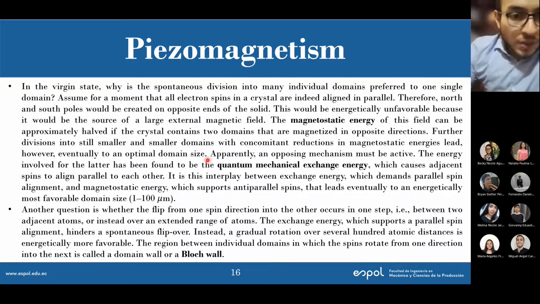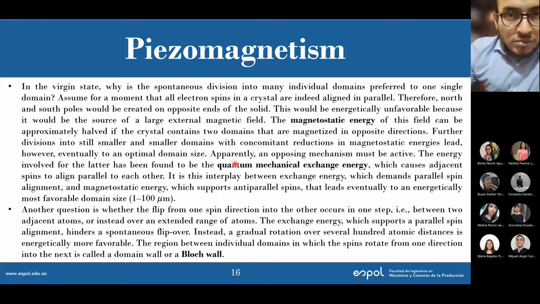Now, there should obviously be an opposing mechanism. As we know, every action has a reaction, right? So there should be an opposing mechanism, and yes, there is. The energy that is involved in this opposing mechanism is called the quantum mechanical exchange energy.